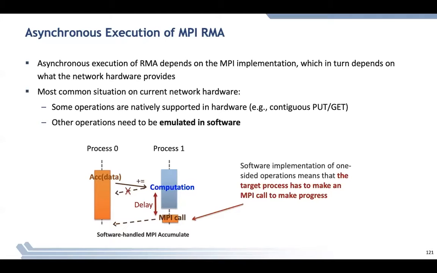So the MPI has a notion of when progress happens in an MPI implementation. By progress I mean some forward movement on a communication operation, either the data is being sent out, or some matching is happening.